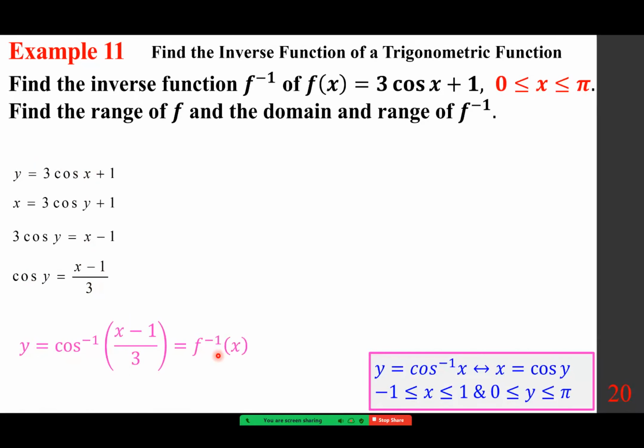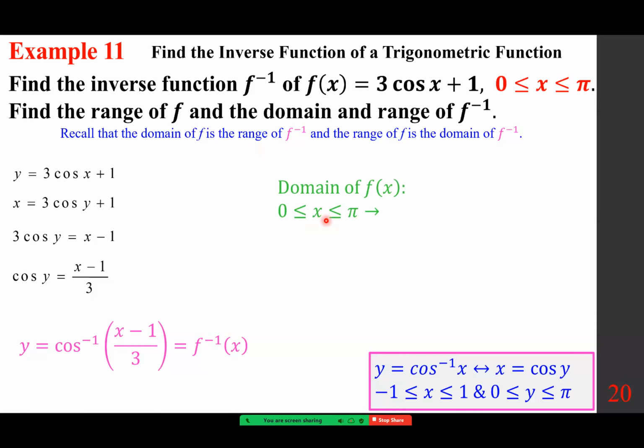What about the domain and range? This is the domain of f of x, given. And again, recall that the domain of f is the range of f inverse, and the range of f is the domain of f inverse. So we already know that this is given.